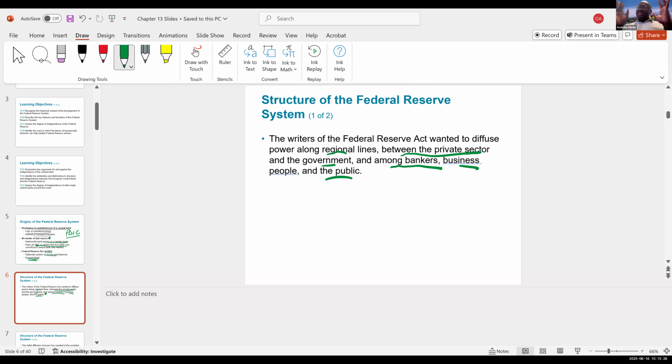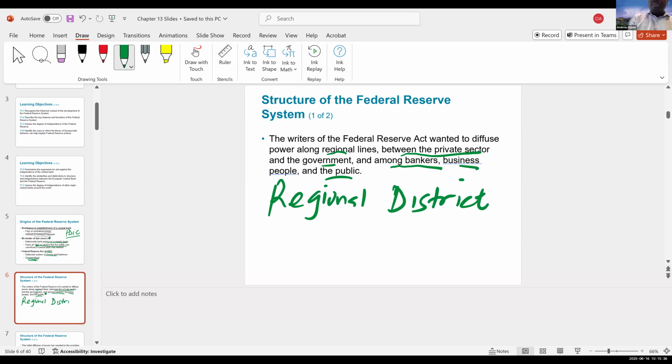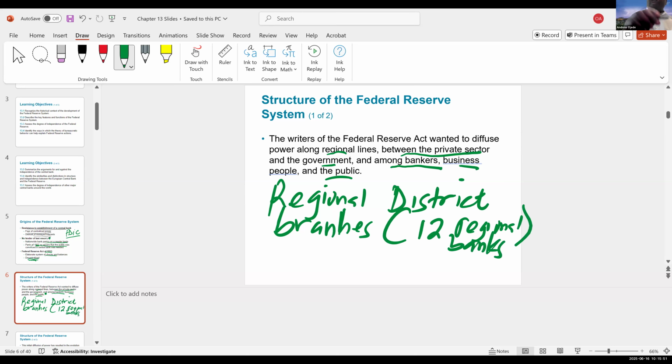And that's going to be another unique feature of the U.S. central bank: all the regional district branches of the Fed, you can call them the Federal Reserve banks. There are 12 of them, 12 regional banks. These 12 regional banks are not fully owned by government.